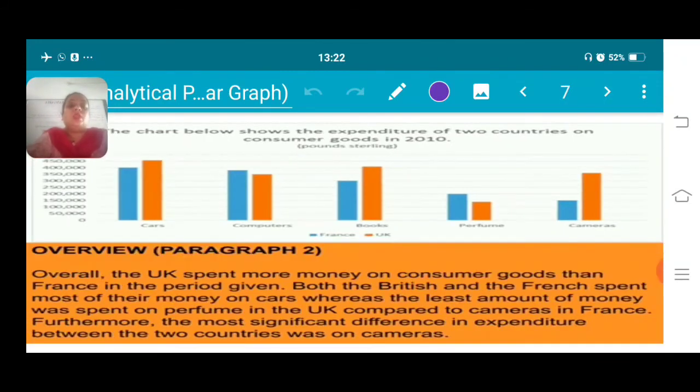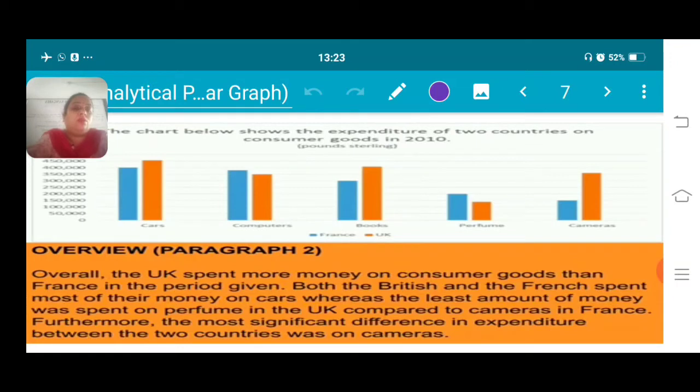Next, the second paragraph would be the overview, and we have done the overview earlier: overall, the UK spent more money on consumer goods than France in the period given. Both the British, meaning the people who are living in the UK, and the French, the people who are living in France, so why am I using French here.